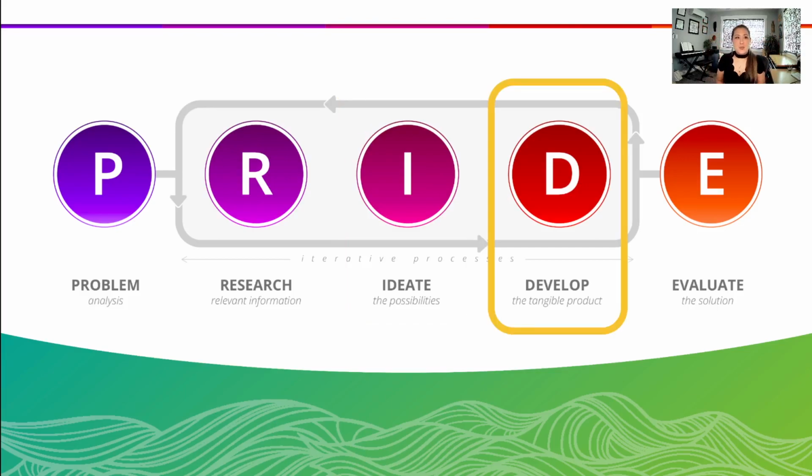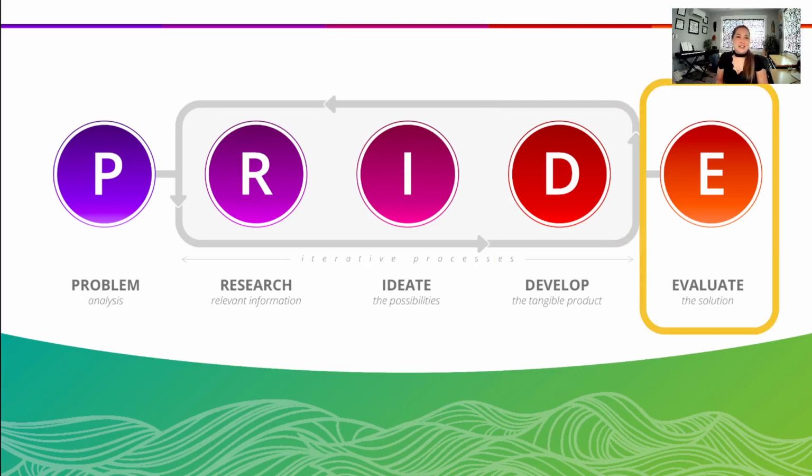From those plans, we move into the development stage where we prototype and test and see how these are coming together. Products, plans, layouts, whatever. And then lastly, we have the evaluation stage where we visit the problem analysis again and we say, all right, this is where we started. This is where we're ending. Did we get to where we wanted to be?